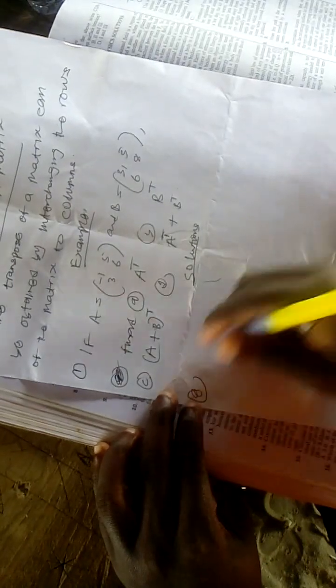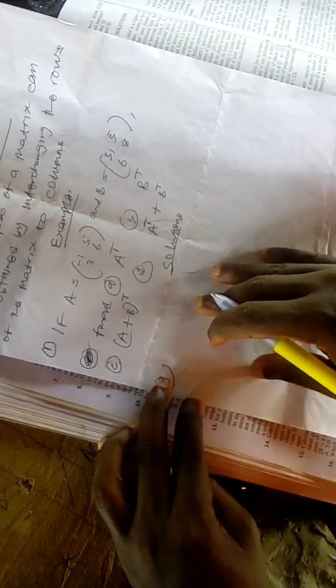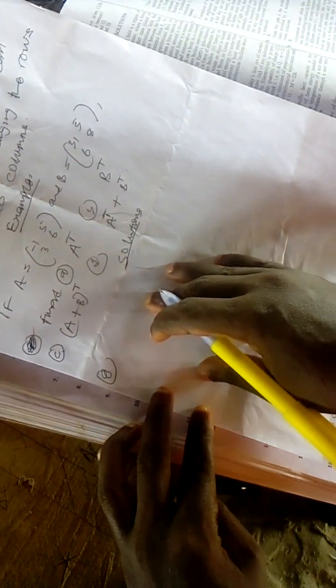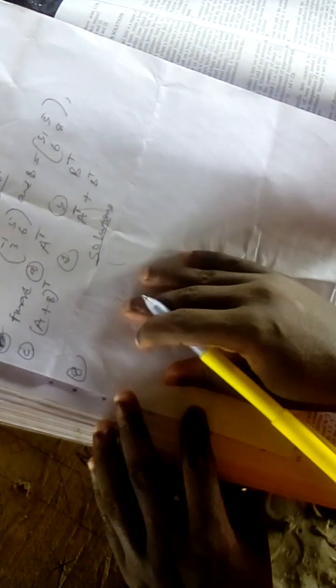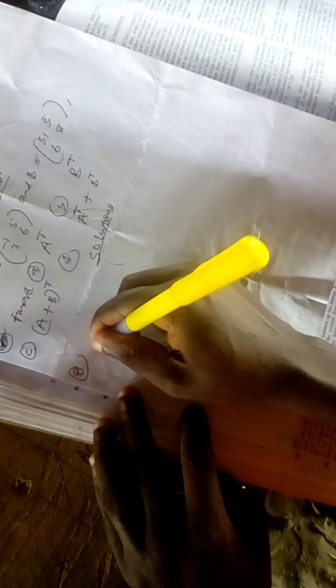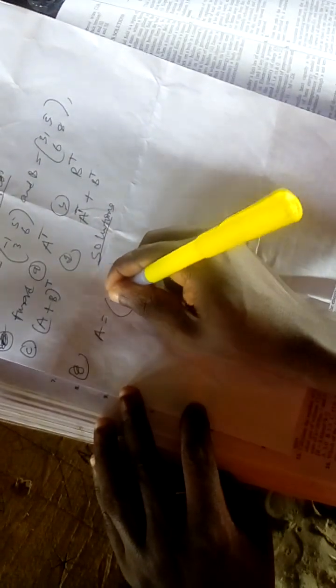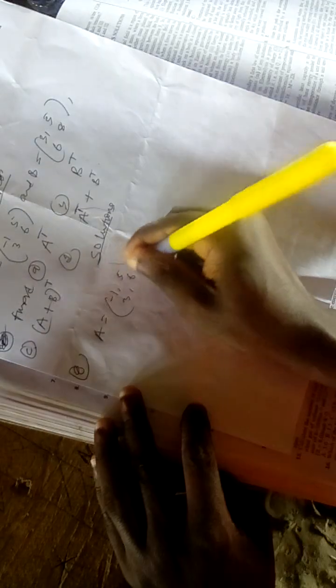Now the first question says we should find A transpose. Our matrix A is minus 1, 5, 3, 6.